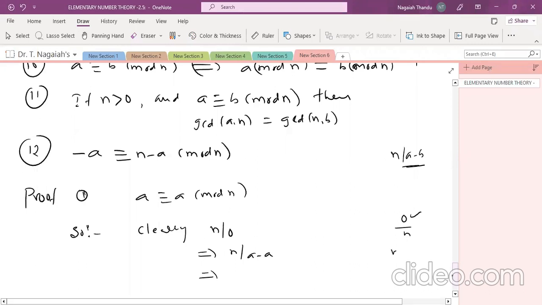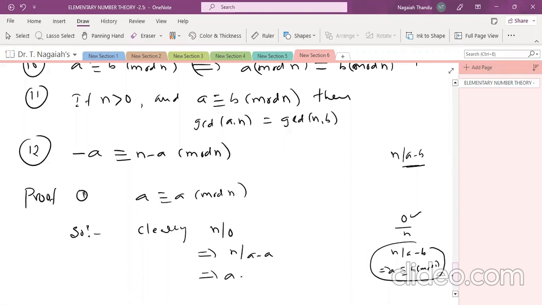If n divides A minus B, then A is congruent to B modulo n. This is the condition. So n divides A minus A, so we can write A is congruent to A modulo n. This means the reflexive property is satisfied.